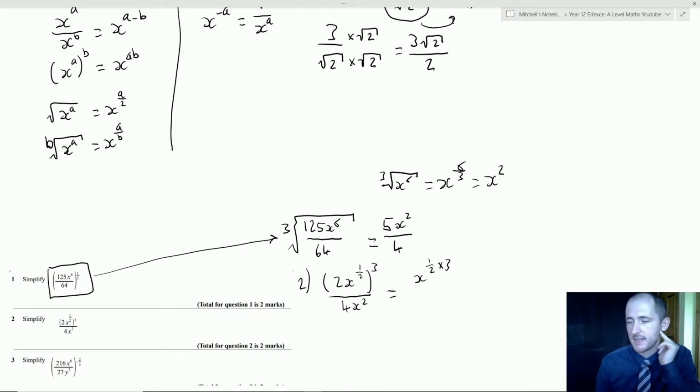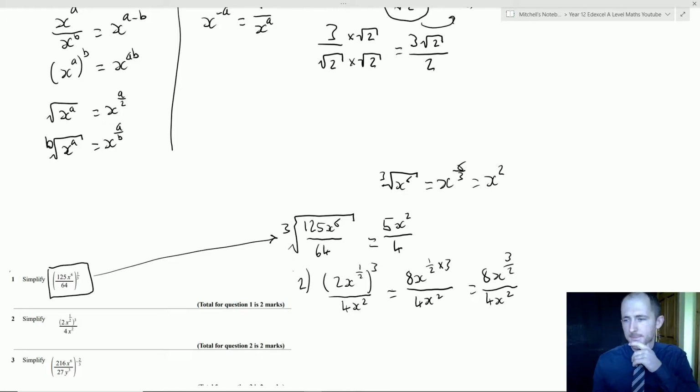Now the question is, what happens to this 2? Well, the 2 is also being cubed. So we have 2 times 2 times 2, which is 8 in front. And on the bottom, nothing changes, so 4x squared. Resolving this, we have 8x, and then we have a half times 3, so it would be 3 times 1, which is 3 over 2, over 4x squared.